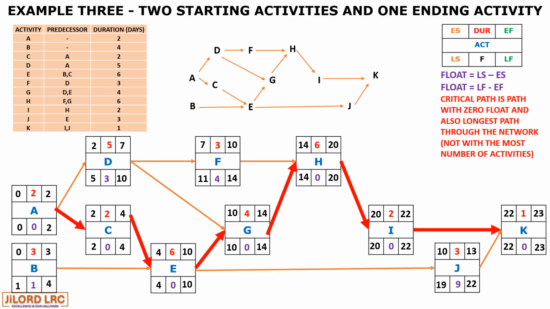So we have the critical path being represented with thick red arrows. And that completes the precedence diagram. The critical path is A, C, E, G, H, I, and K.